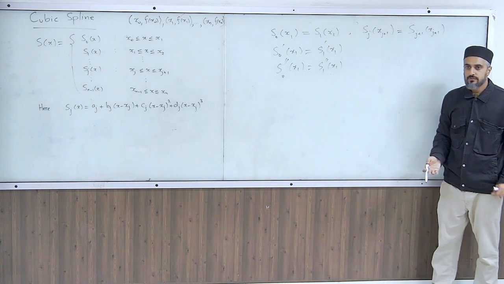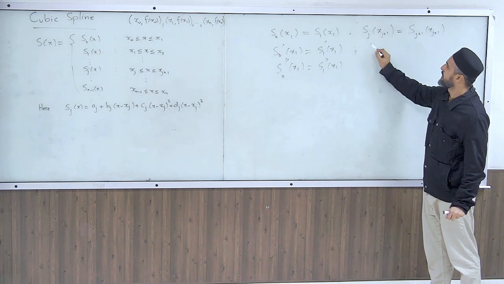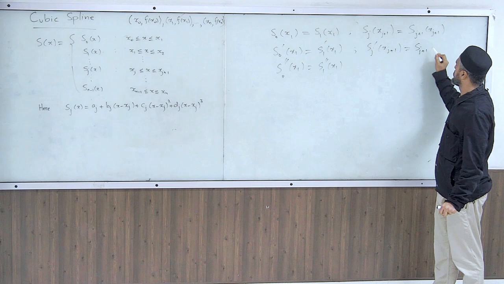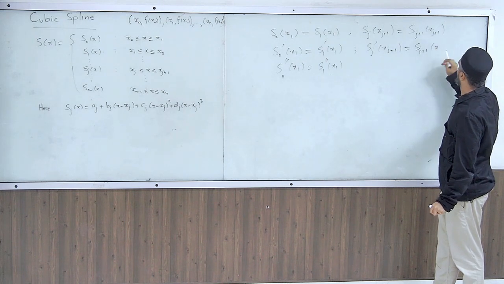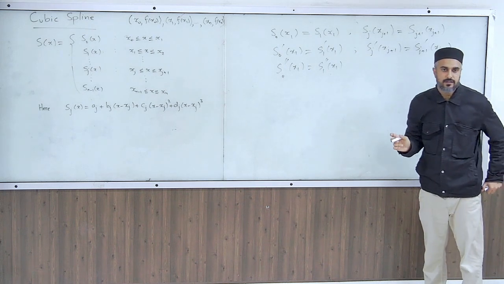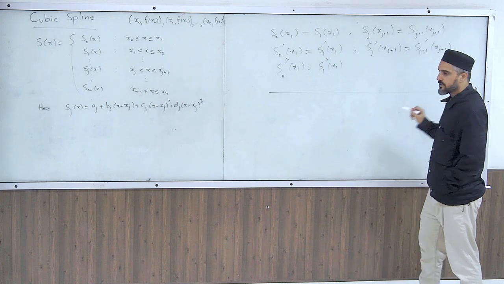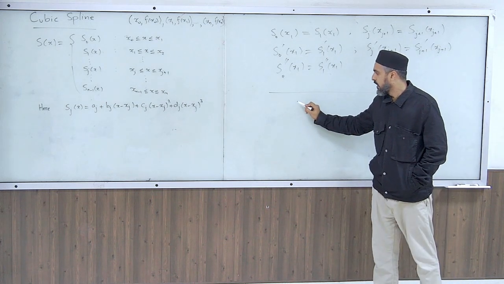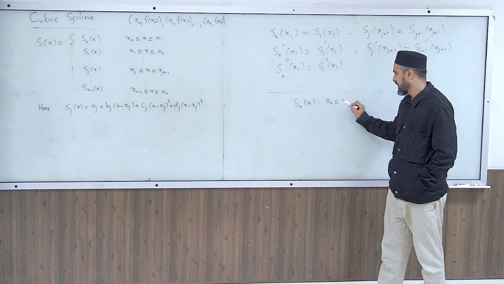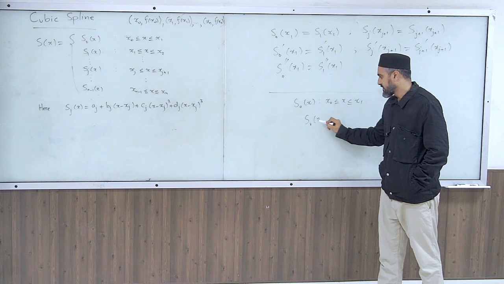These are the conditions we have plugged in, so we can generalize them by using the derivatives of Sj and Sj plus 1, and similarly the second derivatives. Now coming to one more condition: S0 is valid from x0 till x1. What is the value of S0 at x0?